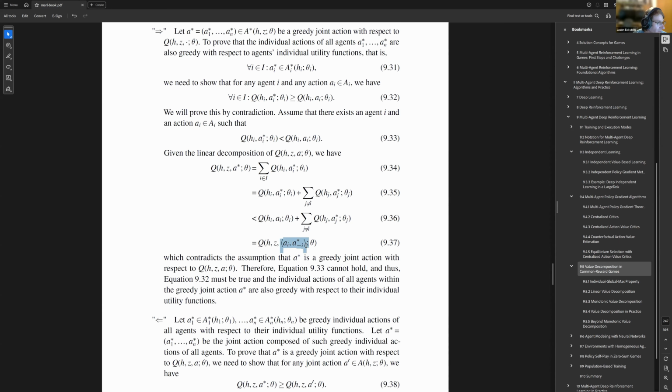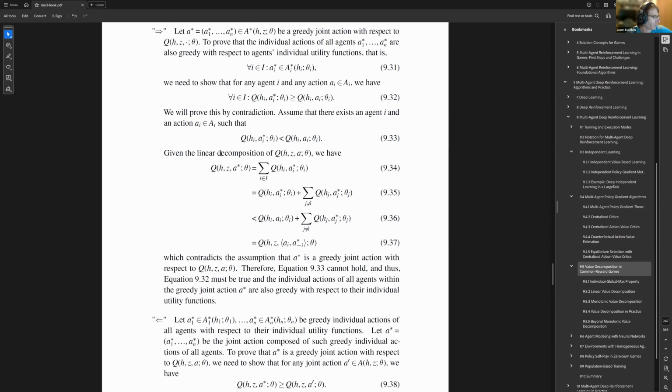But now with this action input, where we have the optimal action for all of the other agents, the ones that are not i, and we've replaced the action for agent i with the one that we're saying is better. So now we're saying this is larger than this, but this is a contradiction because we already know that this A star input yields the highest possible output for this function, right? So the proof is very straightforward.